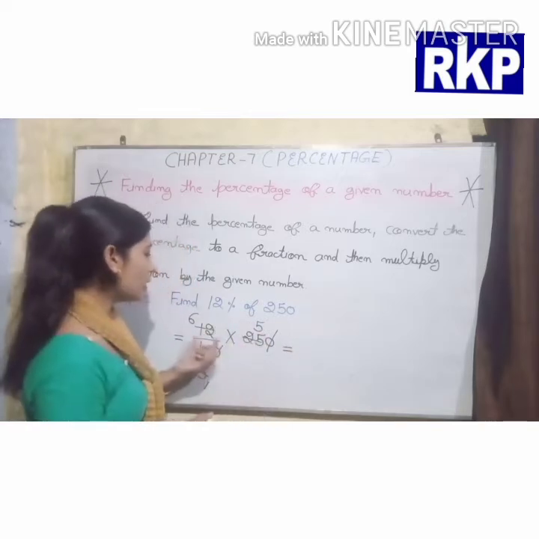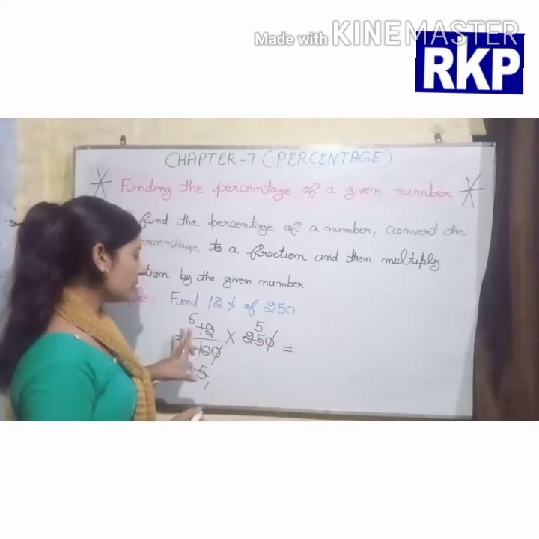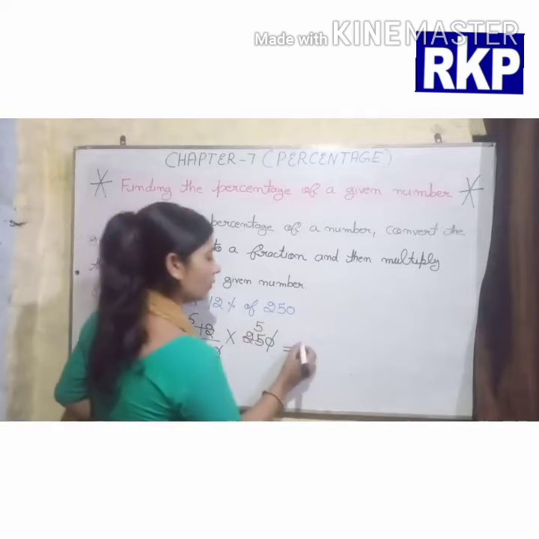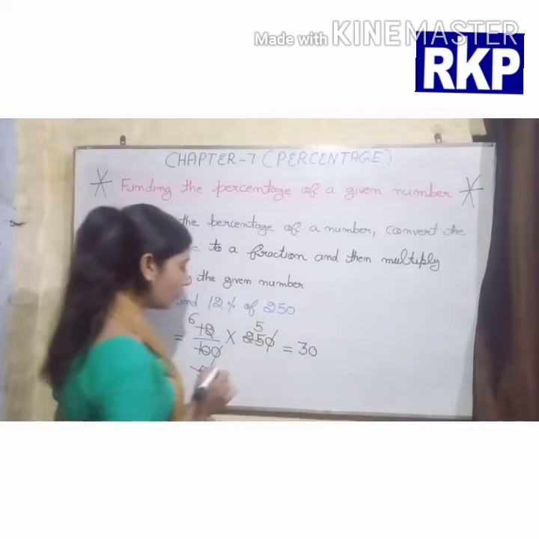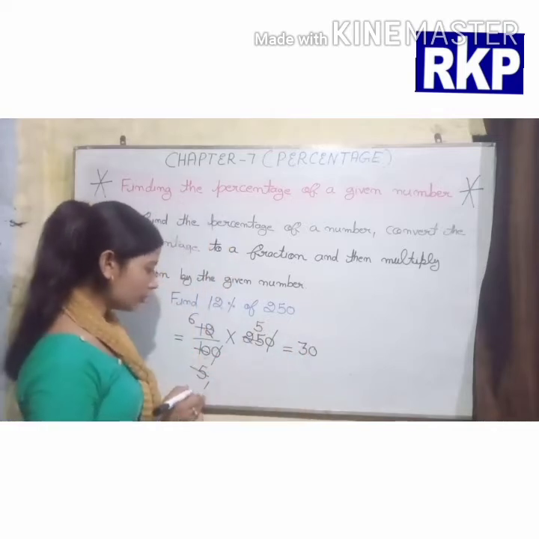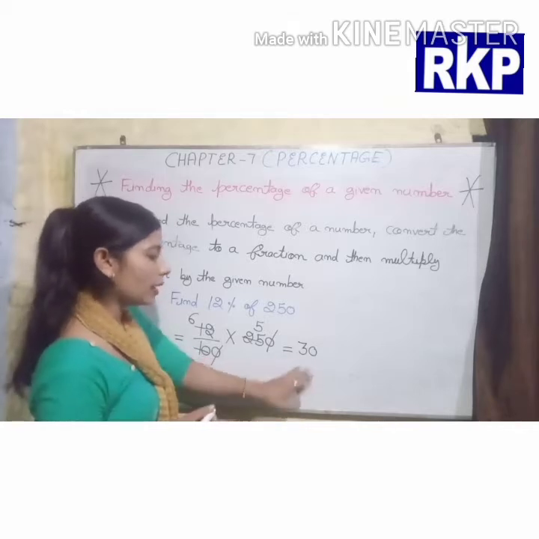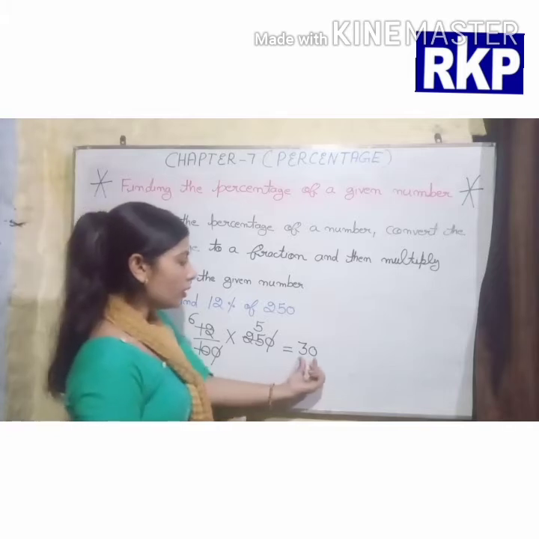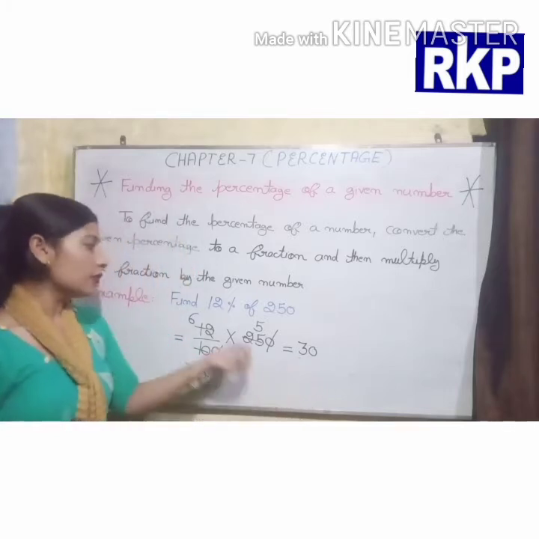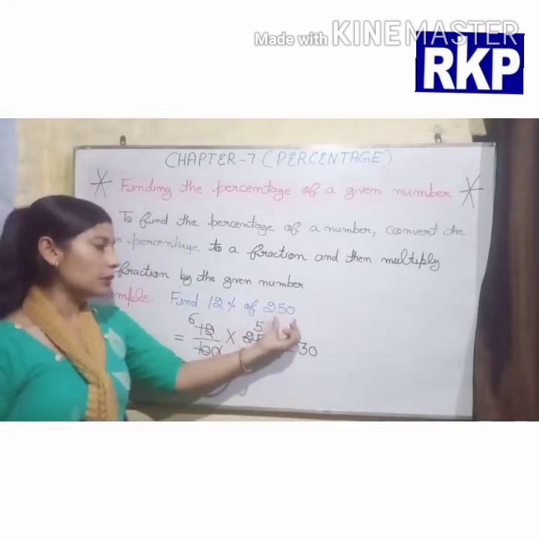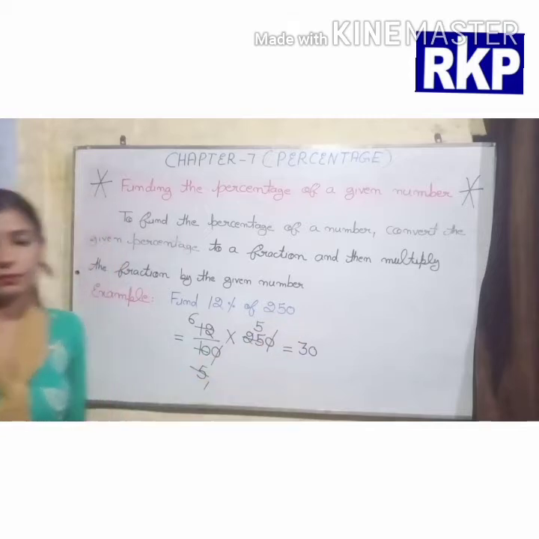So now we have to write the answer. 6 multiplied with 5 will give us 30. And 30 by 1 means 30, so there is no need to write 30 by 1. So 30 is the answer. 12% of 250 is 30.